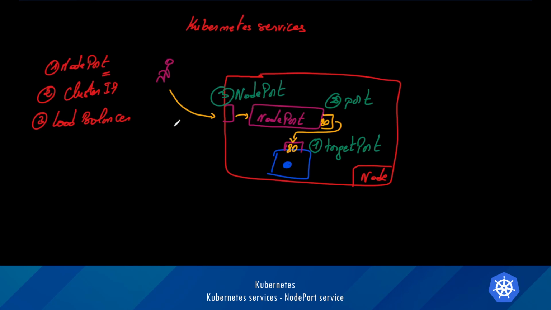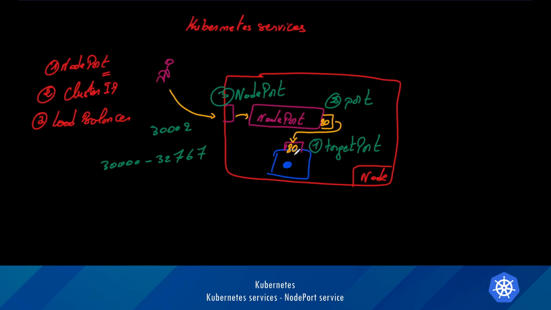The node port can be, for example, 30,002, because by default it will be between 30,000 and 32,767. We have to know the differences between these three ports, because when we want to create a NodePort service, we have to define these three ports.